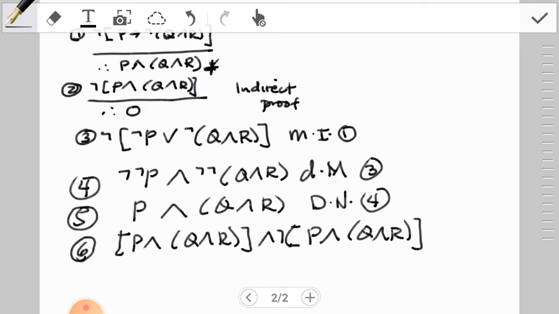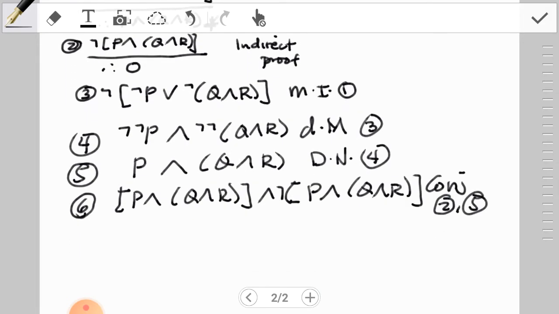What rule? We just combine the two. So that's conjunction of premise number 2 and premise number 5. Because of premise number 2 and 5 combined together, we now have our contradiction that will give us our false value 0.